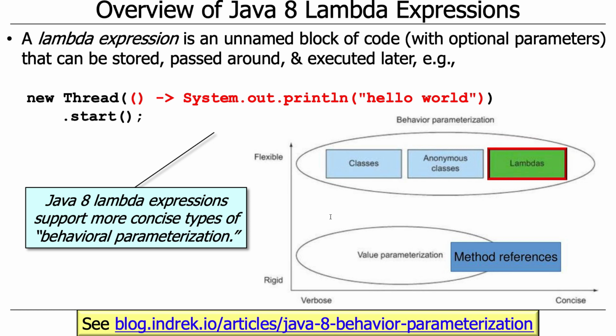And then I said you can also do behavioral parameterization. So that is what this is doing. Lambdas give you concise and flexible behavior parameterization. There are other ways of doing things with other techniques, like values, and those are more verbose. I'll show you an example of this in just a second.